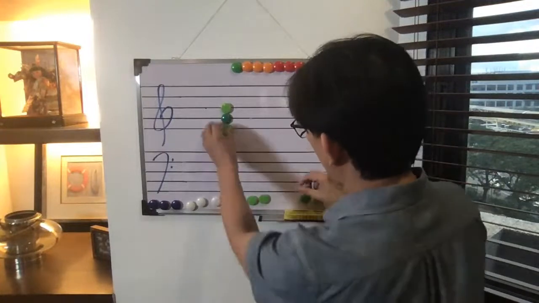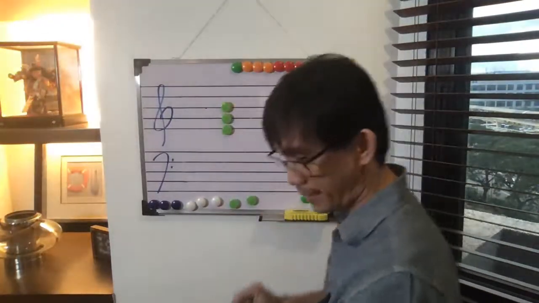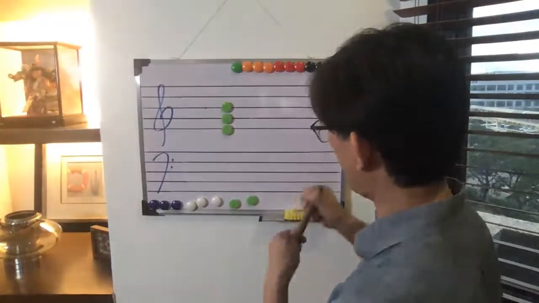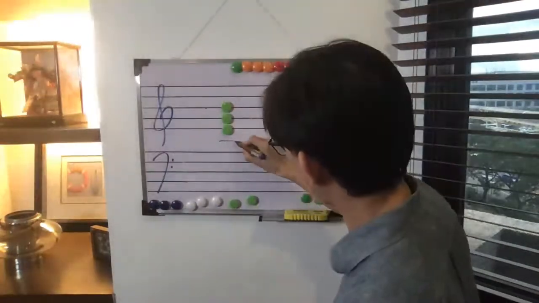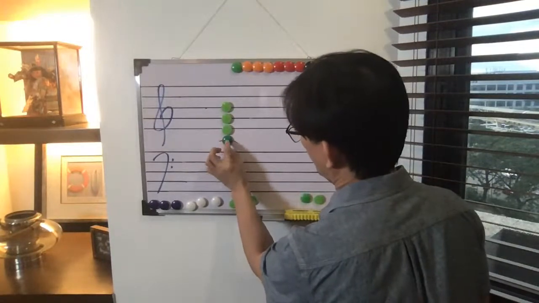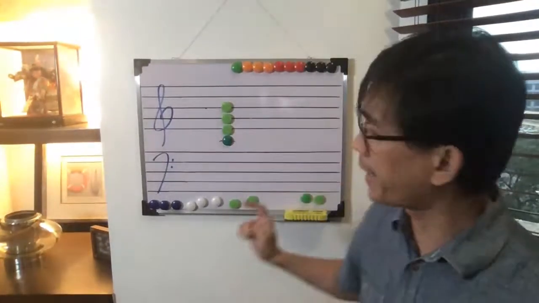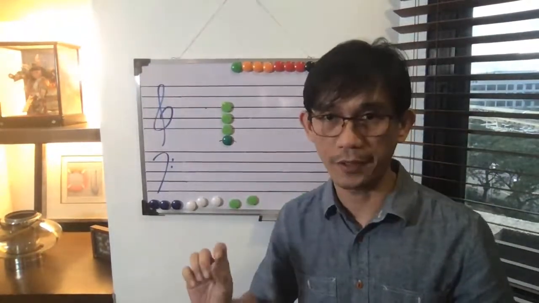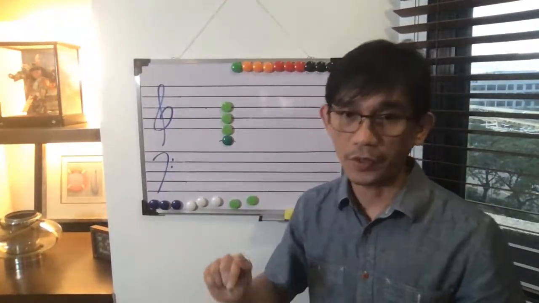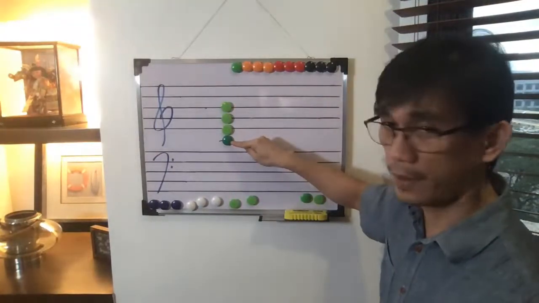Now, I'm going to use this marker and just add one larger line here. Always remember that when you analyze chords or name chords or tones, you always start with the lowest note, this one.